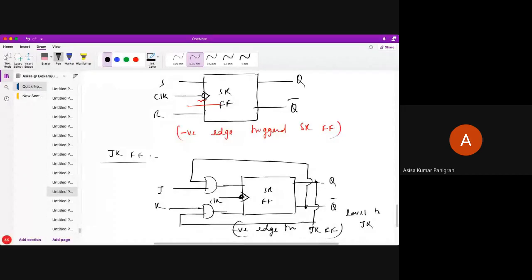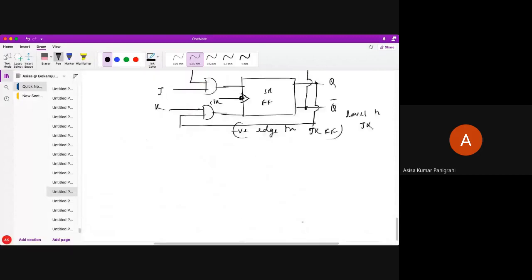Now I am going to tell more about this JK flip-flop along with the timing diagram and all three mechanisms of activating. What are the three mechanisms? One is level triggered activating, another is edge triggered activating. Under edge triggered activating, there is positive edge trigger and negative edge trigger.